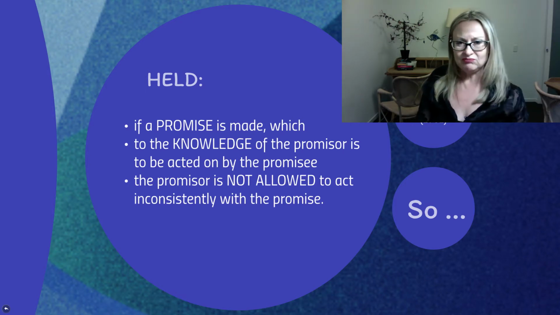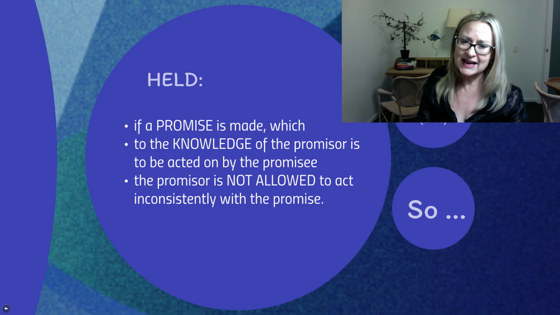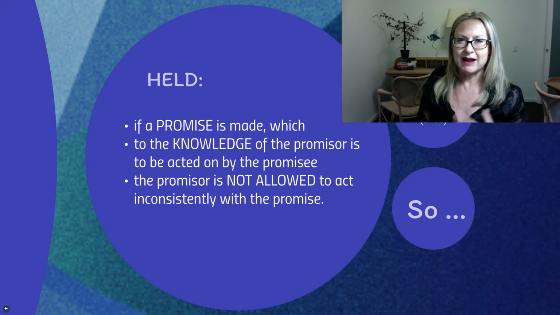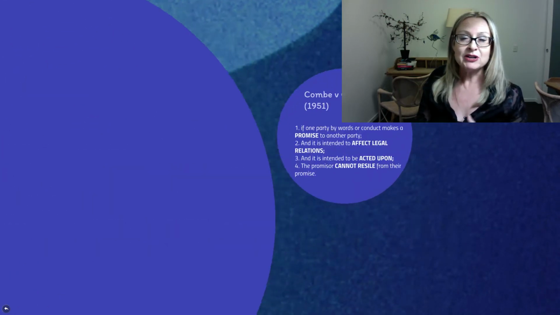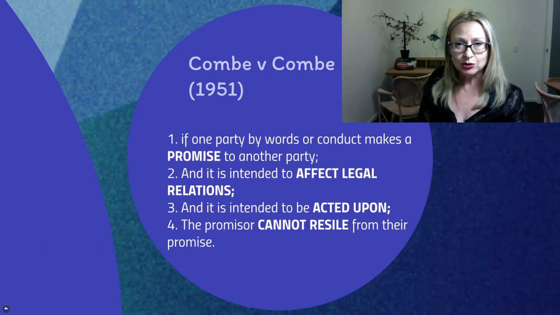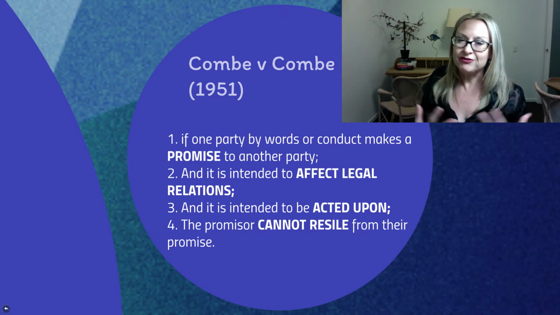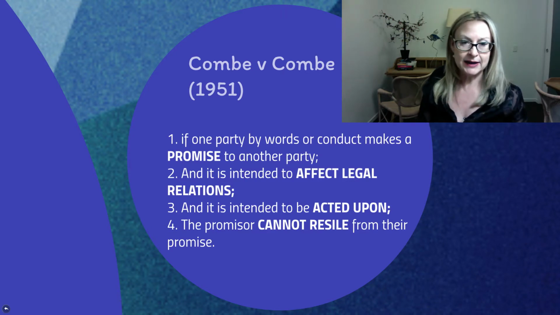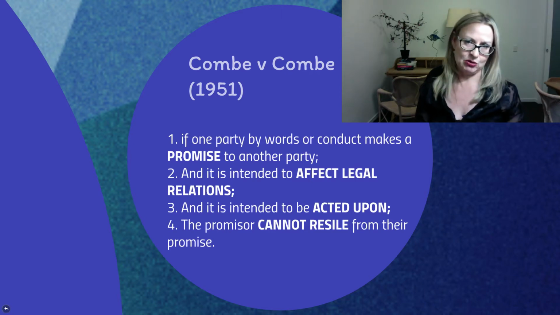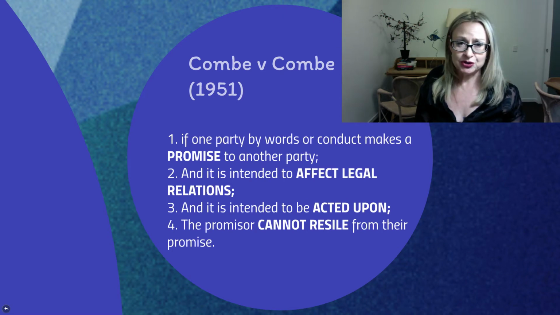Now, it was a fairly landmark case, but the principles hadn't really been analysed and fleshed out. By 1951 and Combe, we did have a bit more of a fleshing out happen here, and there were essentially 4 elements that were enunciated as belonging to equitable estoppel.